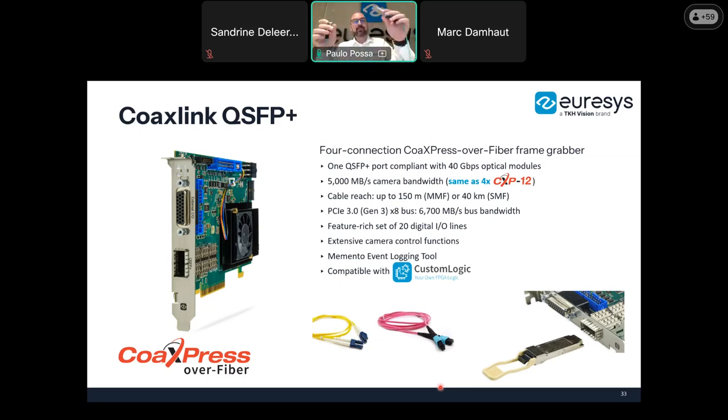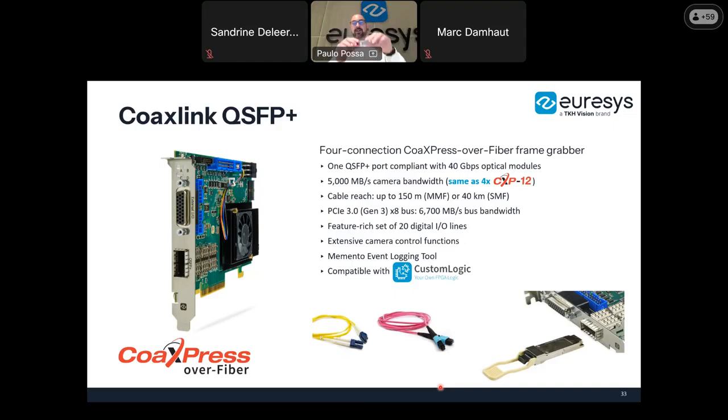It's an assembled cable, so the optical transceivers are embedded with the cable. The fiber cable is fixed to the module transceivers. This is a simple way to connect the Coaxlink QSFP Plus frame grabber. And you can have different cable lengths with these modules.